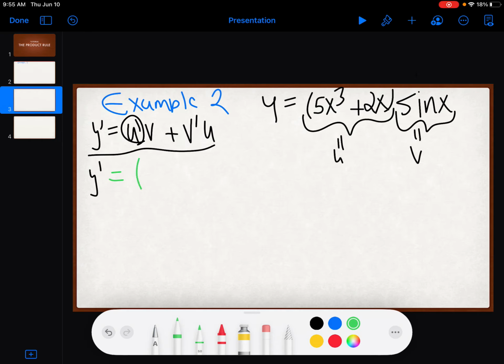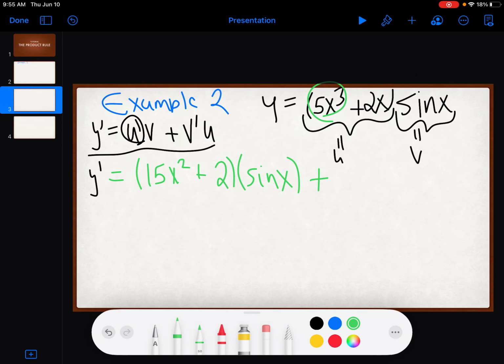Well, using the power rule, we'll bring down that 3 for our first term right here. So we got 15x squared plus, now we get our second term. Now we'll bring down that 1 that we don't write, and we just get a power of 0 on x. So we just get 2. And now we multiply by v. Well, v is just sine x.